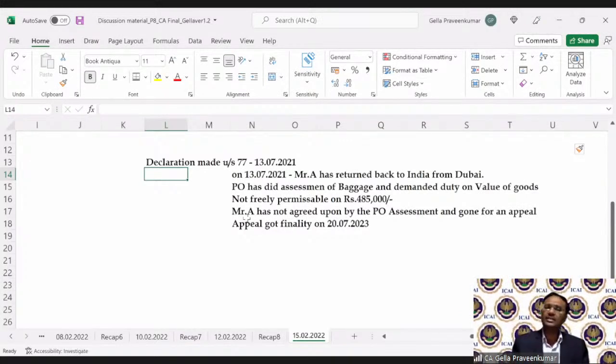Mr. A says, no, you have a wrong understanding. This ornament is my personal belonging. Like, for example, I have brought back a television, or I have brought back some books which are claimed to be mine, but assuming these books do not belong to Mr. A, the proper officer says, no, these books don't belong to you. Now, some dispute happened here and there, where 4,85,000 was the demand.